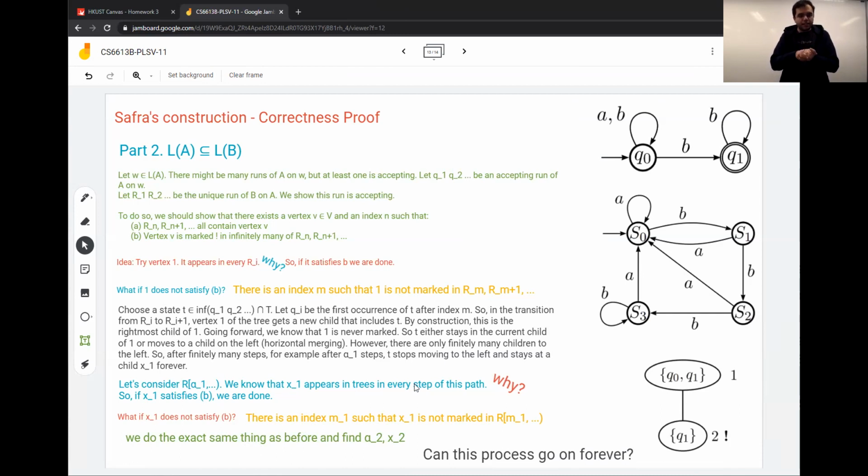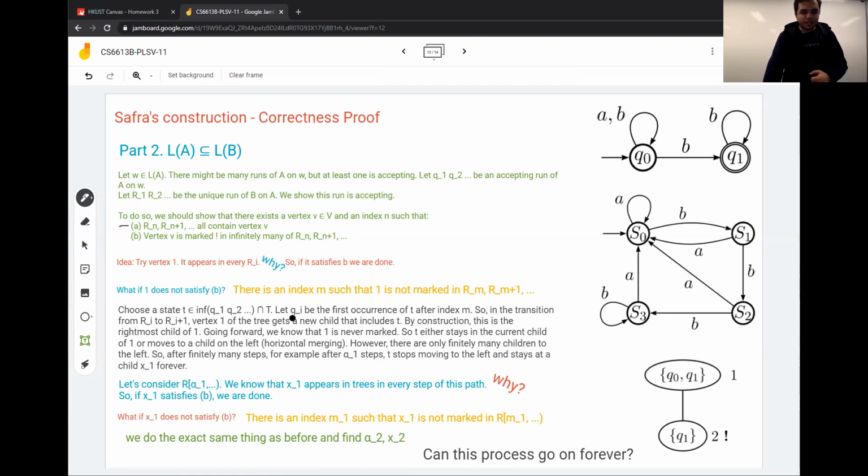Why? Because we had this assumption that we are already past the point where vertex 1 could get exclamation points, right? So X1 will only be removed if its parent gets marked, and the parent is not getting marked. So X1 will not be removed. X1 is going to be here forever. So what happened? The thing that happened is that X1 now satisfies our condition A.